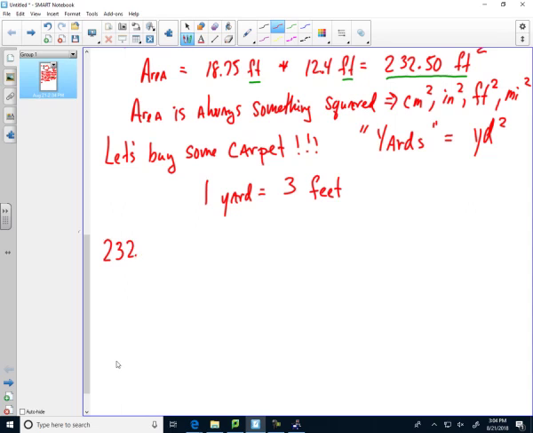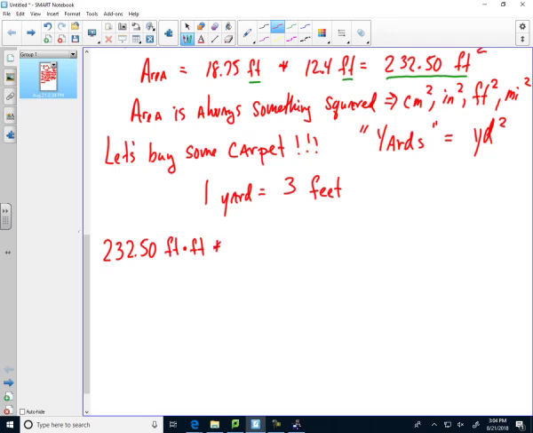232.5 square feet. And I'm going to write it like that. Feet times feet. Okay, that's square feet, isn't it? Feet times feet. Okay? And I put an equal sign there. I want to change that. I want to change this to square yards. So watch this.